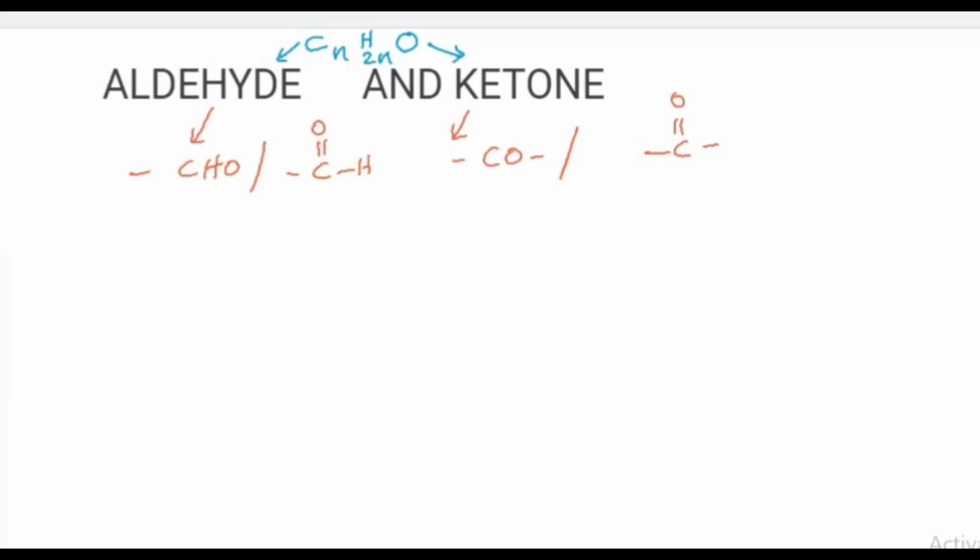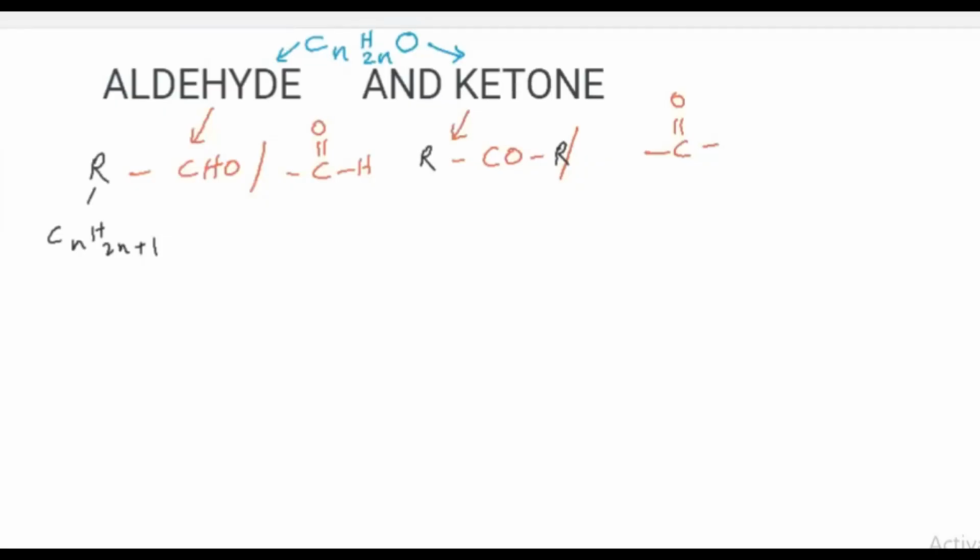This is ketone, and it extends from both sides, and it can be represented like C double bond O. Here you can attach the alkyl group on both sides. It means you can attach the CnH2n+1 on both sides.